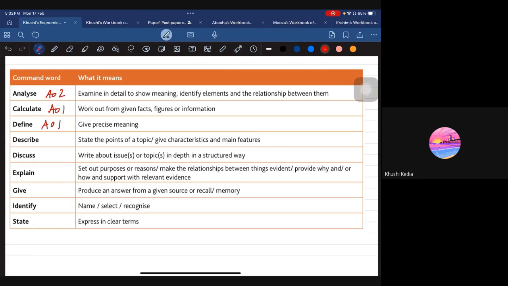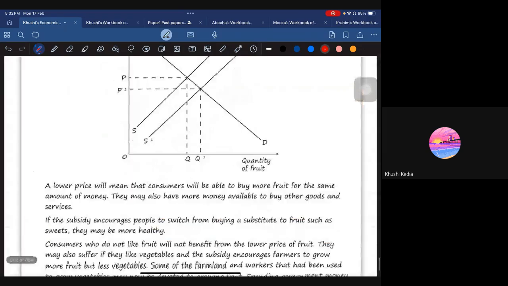Describe, A1. Discuss, A2 and 3. Explain, A1. Give, A1. Identify, A1. State, A1. Very good.